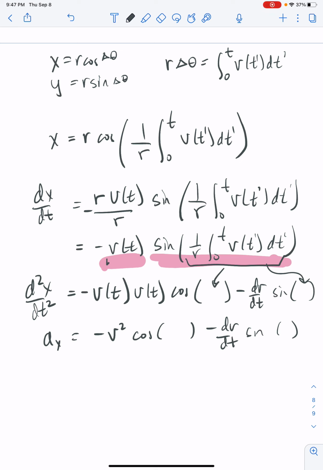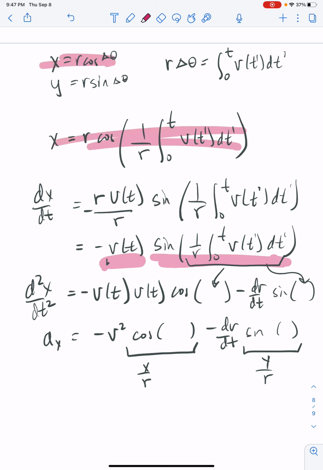And we can notice that in fact this cosine term is x over r, and this sine term is y over r, right? Since x is r cos delta theta. And I didn't do this same derivation explicitly for y, but you could plug in that same integral.